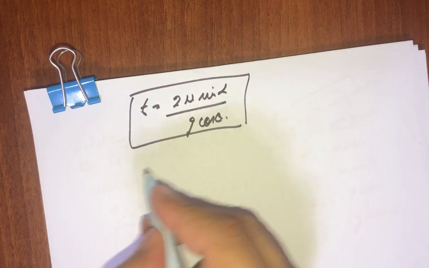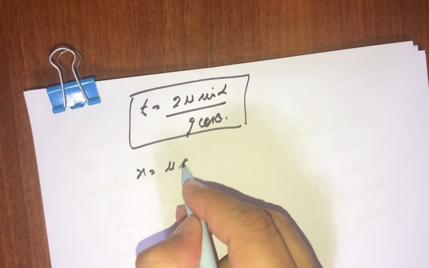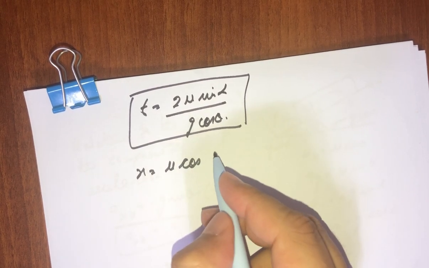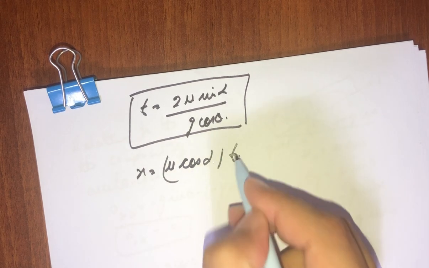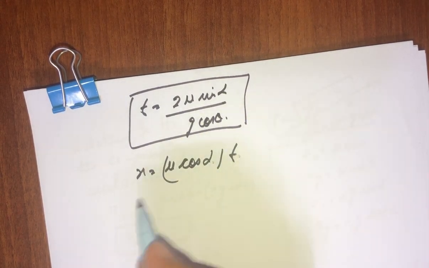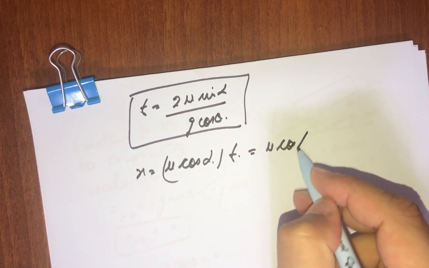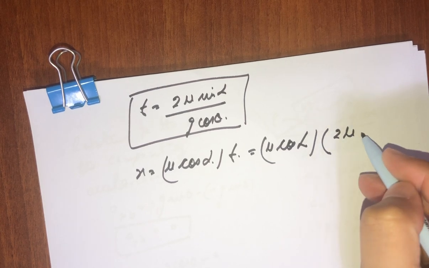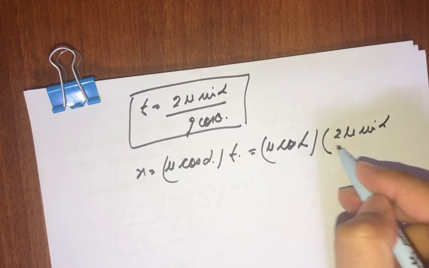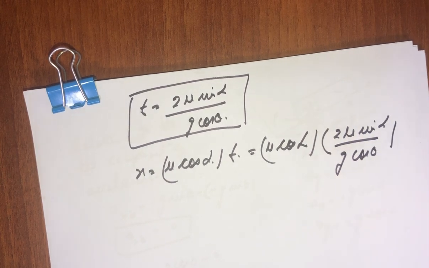We already know the equation of x, which is given by u cos alpha into t. So substituting the value of t in this equation, we get u cos alpha into 2u sine alpha over g cos theta.